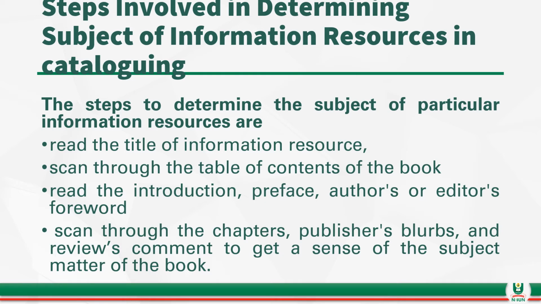You can also read the introduction, preface, authors' or editors' foreword, and also scan through the chapters of that particular information resource, and read the publisher's blurb and the reviewers' comments. All this will help you to get the subject matter of a particular information resource before assigning a subject heading to it.